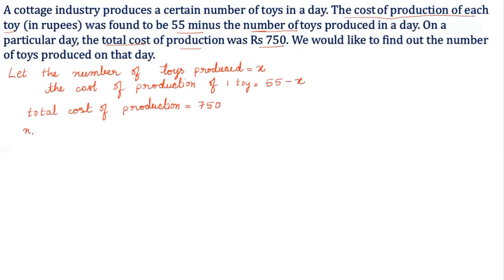Total cost of production means the number of toys produced into the cost of one toy. So the total cost of production formula is number of toys into cost of one toy. It is given that it is equal to 750.